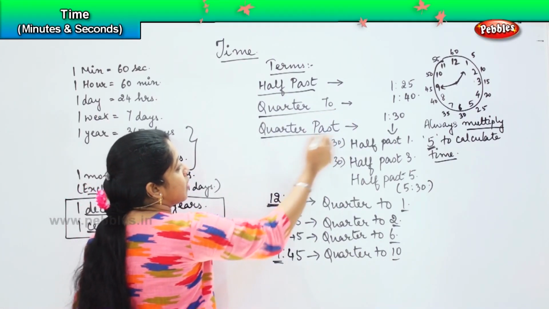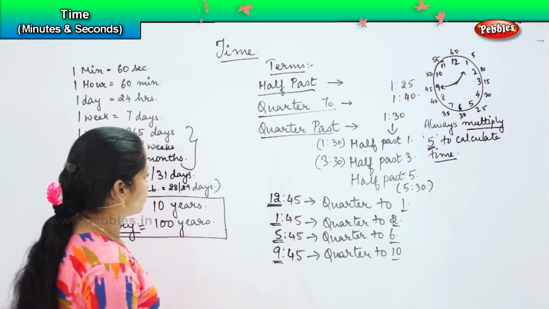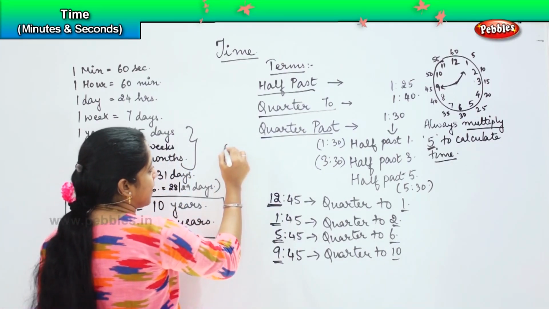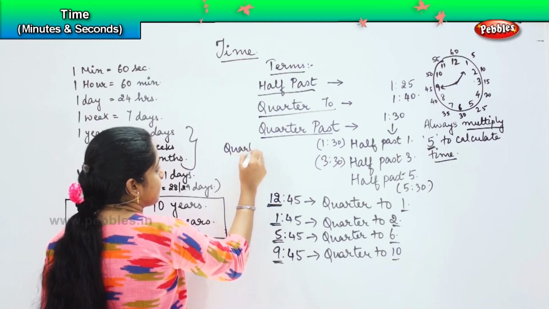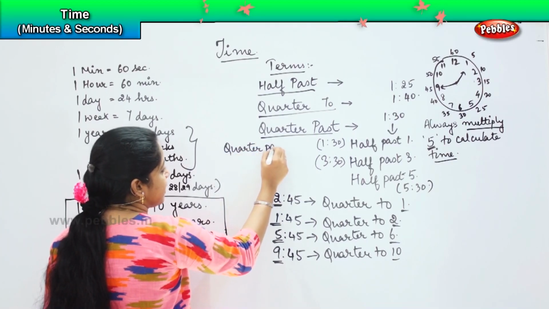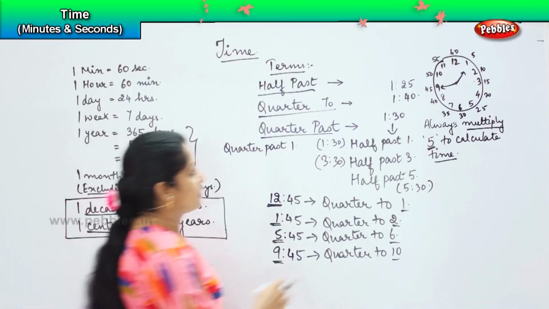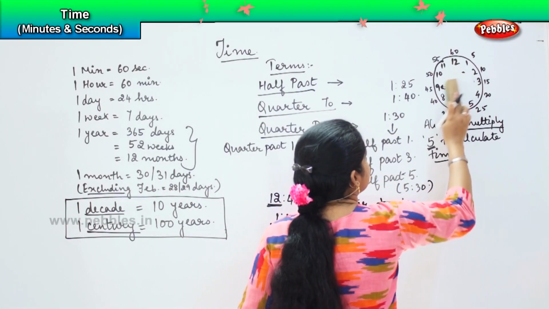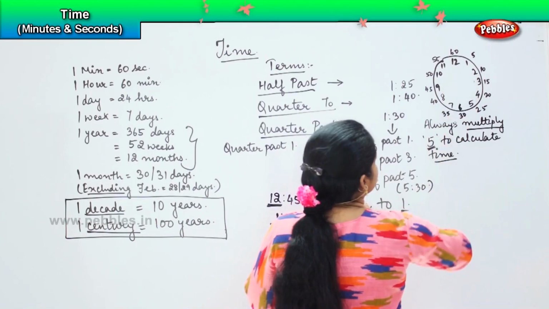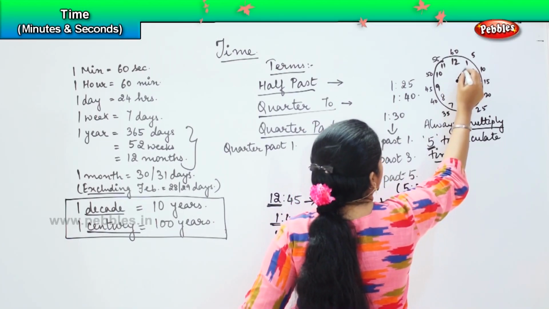Now, the next comes quarter past. Okay. So, now when I see quarter past, say if I say quarter past 1, what does it mean? If I say quarter past 1, it means that it's 15 minutes after 1 o'clock.